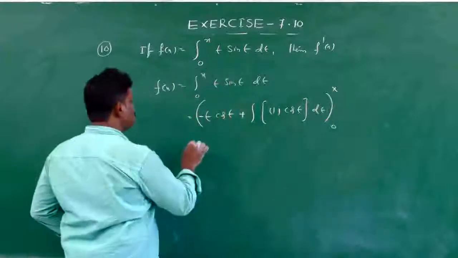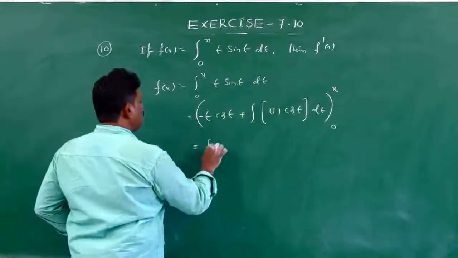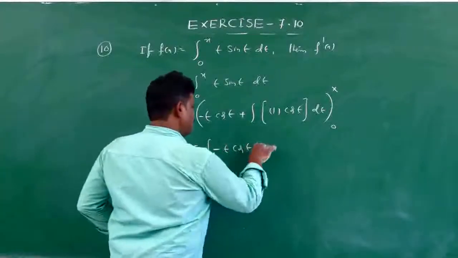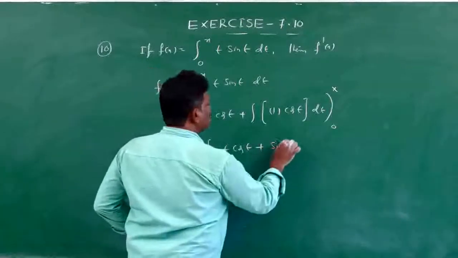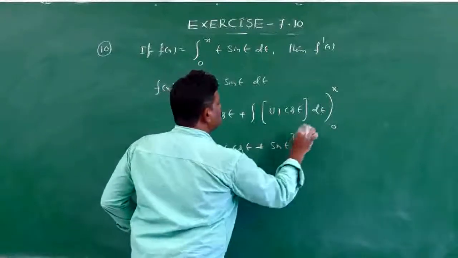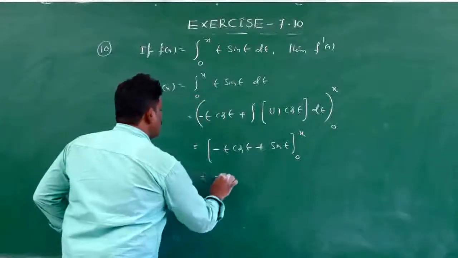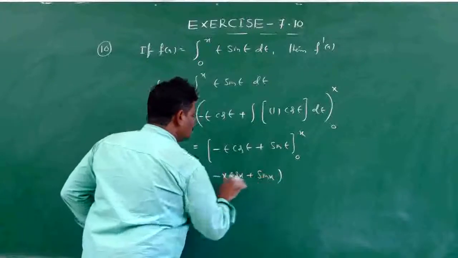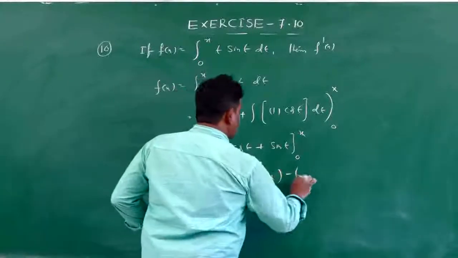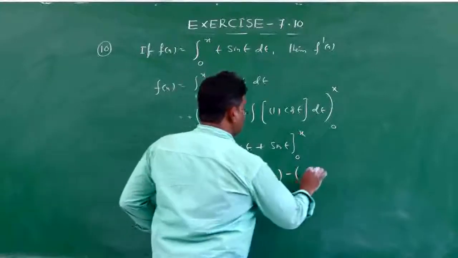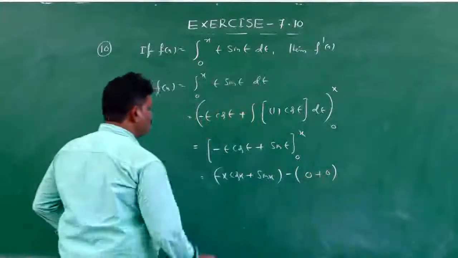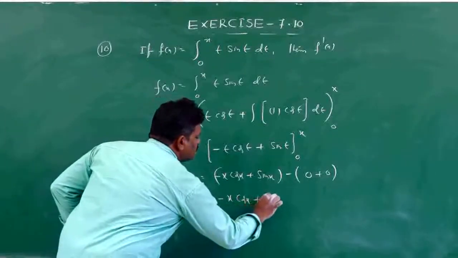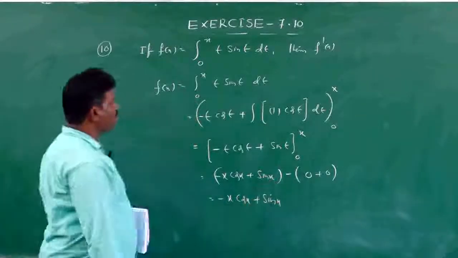Next, that is equal to minus t into cos t plus sin t, with limits 0 to x. That is equal to minus x into cos x plus sin x, minus the value at 0, which is 0. So minus x into cos x plus sin x is the f of x function.